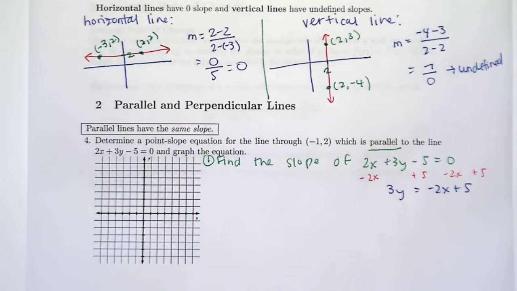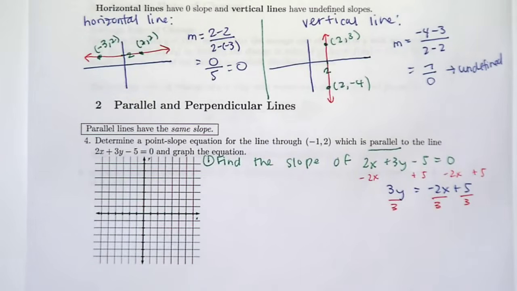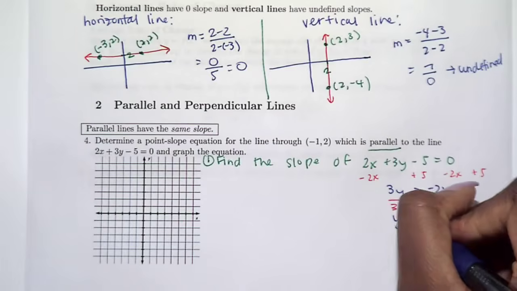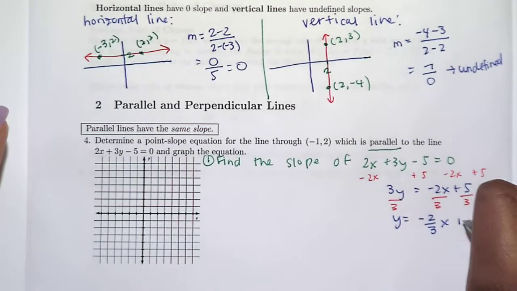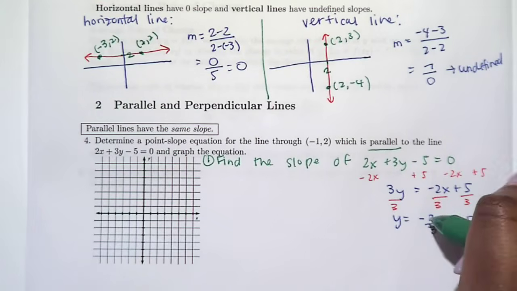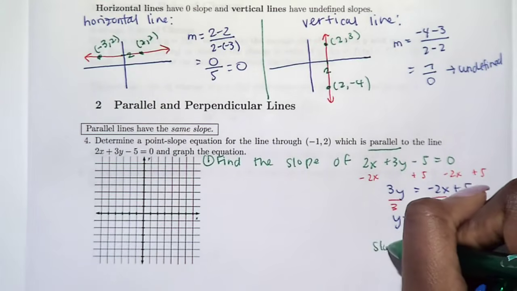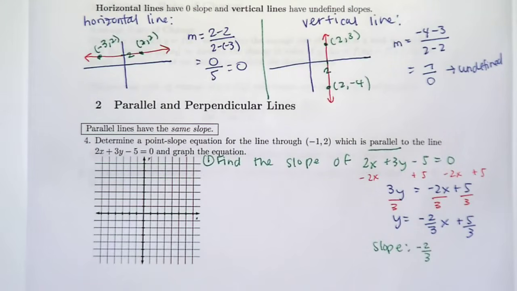Remember, I still have to solve for y, so now I have to divide everything by 3. All right, so what is the slope of this line? -2/3, and that's going to be the slope of our line.